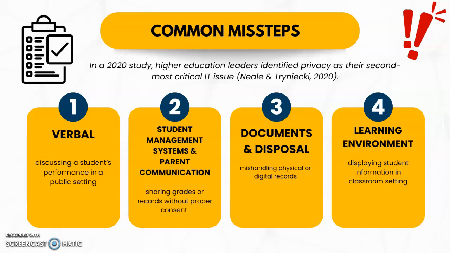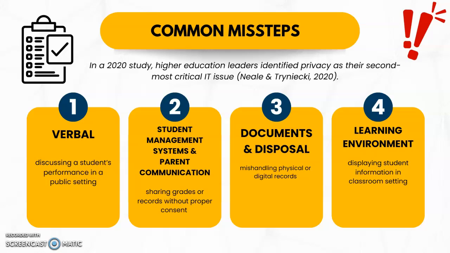Thinking too about our physical environment at the school level, documents and their disposal is very important. So not mishandling physical copies or records of things that we have printed off, not leaving those on the printer, utilizing our building shredders in the workroom so that we are not leaving anything that does have students' personal information on it out or accessible to others that do not need that information.